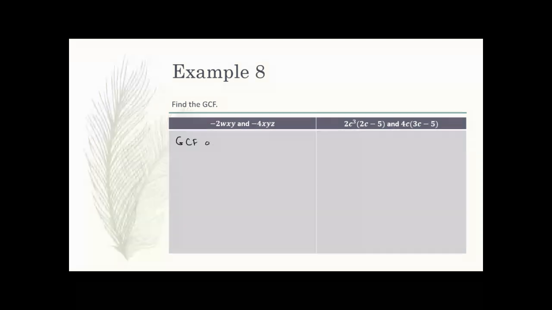I'm going to look for the GCF of 2 and 4. The largest number I can divide into both 2 and 4 is 2, so I'm going to start with a negative 2 for my GCF. Now I'm going to go with my letters. I have a w, and then I don't have a w, so they don't have a w in common and I can't write it down. I have an x and an x in both of them, so I can put an x in my GCF.